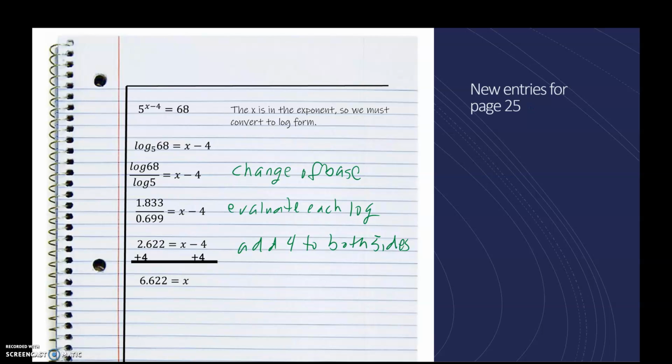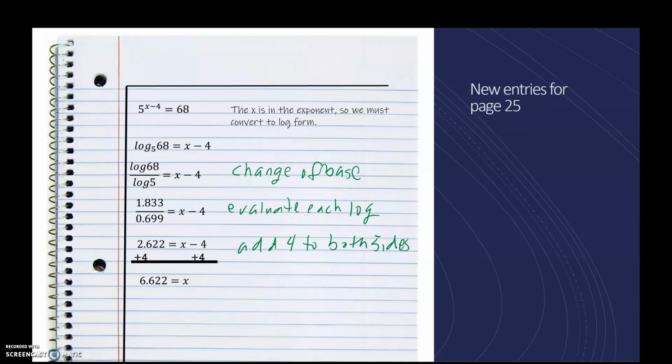That whole exponent goes on the right side. Then we use the change of base formula. We get log 68 over log 5, which turns into 2.622. And now this is an old school equation. You just add 4 to both sides, and you get 6.622 equals x.